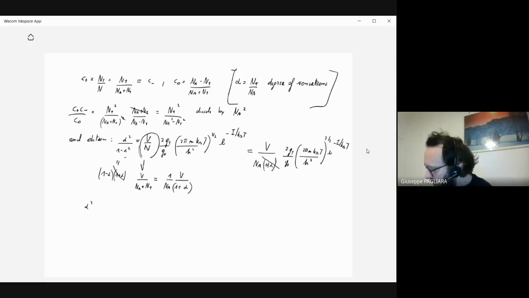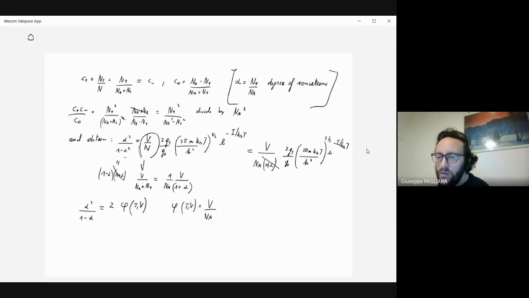So finally, I get that alpha squared over 1 minus alpha is equal to, for the sake of simplicity, one is usually used to write this equation in the following way: single out the factor 2 due to the degeneracy of the electrons, and we introduce a function phi, which is a function of T and volume, where this phi is equal to the volume V divided by N_A.